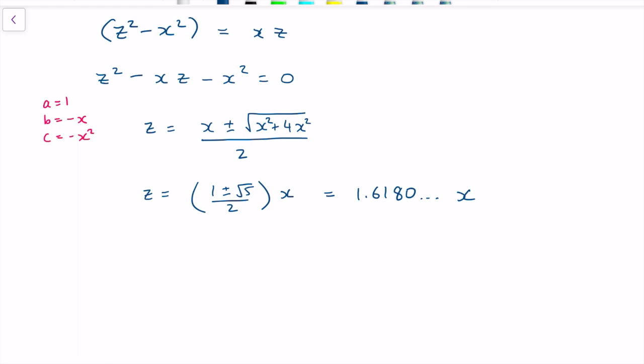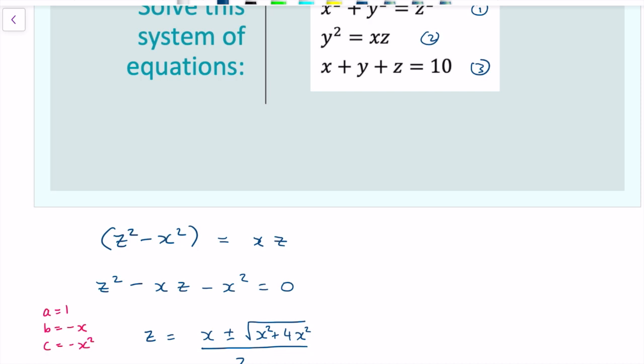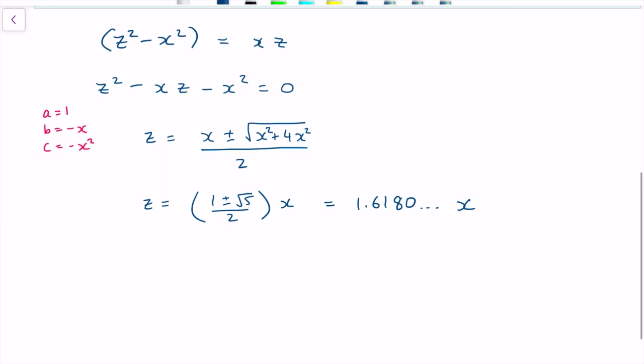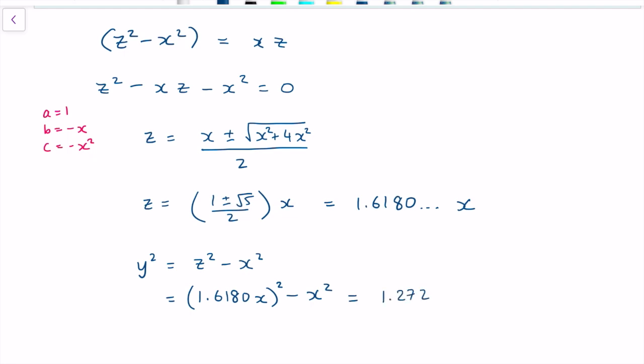And then equation 1, if I go y squared equals z squared minus x squared, and then substitute in my newfound expression for z in terms of x, that comes out to be 1.2720 x.